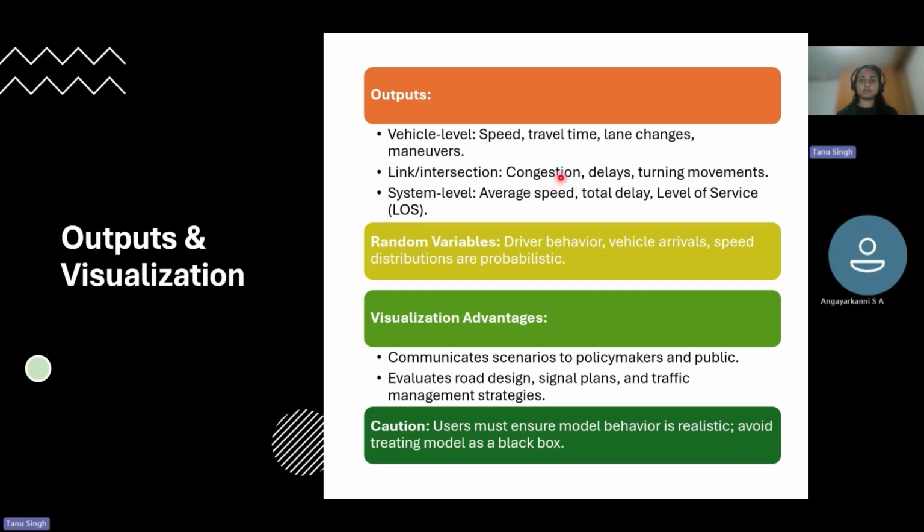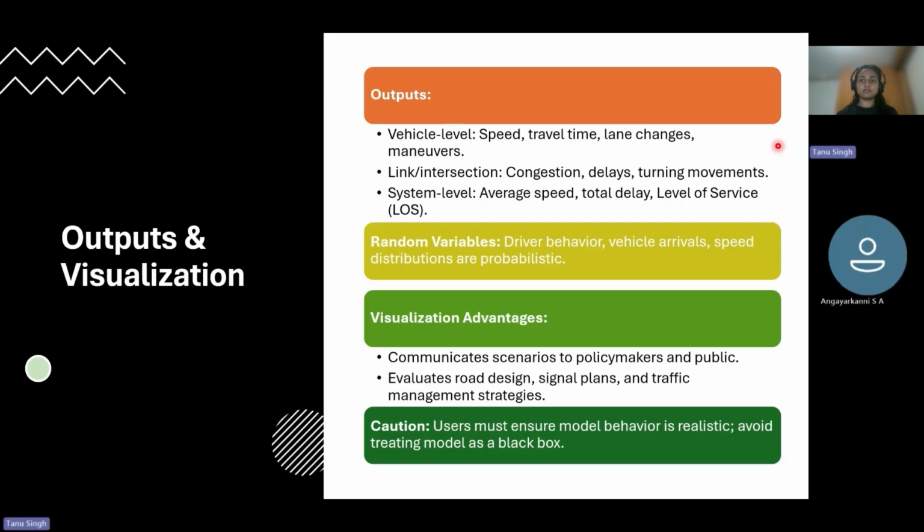Then at the intersection level, we get metrics such as congestion, delay, turning movements, and at the system level, we get aggregates like average speed, total delay, level of service. So these are the output parameters or aggregate metrics.